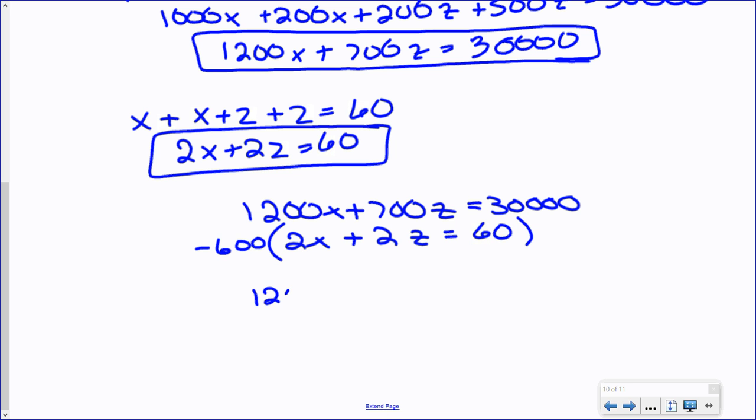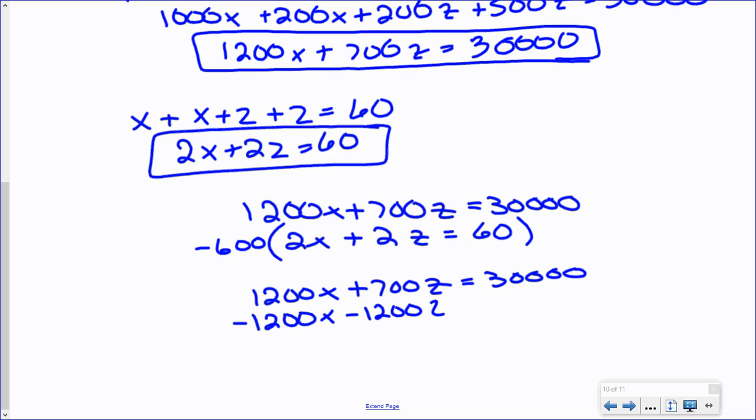So the top equation stays the same. Plan worked, the x's are out.